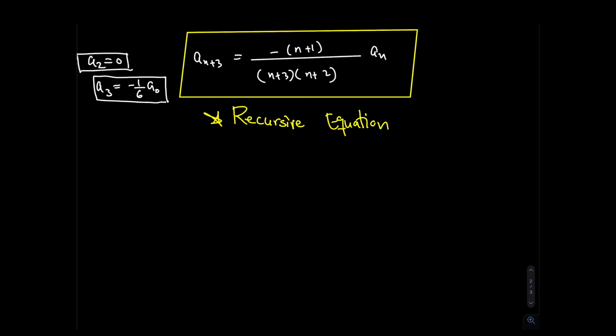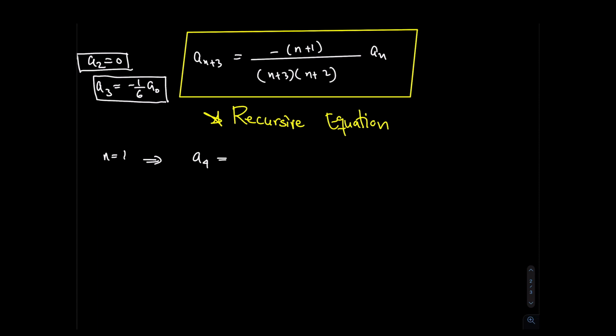Okay, so let's see. Now I have a3, so it would be redundant for me to let n is equal to 0. Okay, n is equal to 1. That'll give me a4. Because I have a3, so I need to get a4, so I need to start with n is equal to 1.